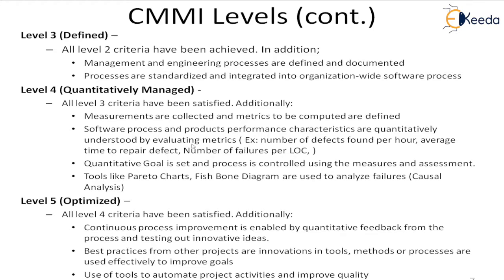So, by taking the capability of what the organization is capable of doing, a quantitative goal is set for each of these process metrics and product metrics. And by using this and the measurements of the current project, the process characteristics and project performance are controlled.